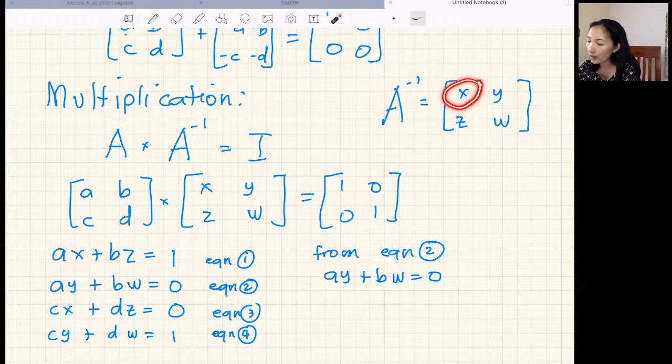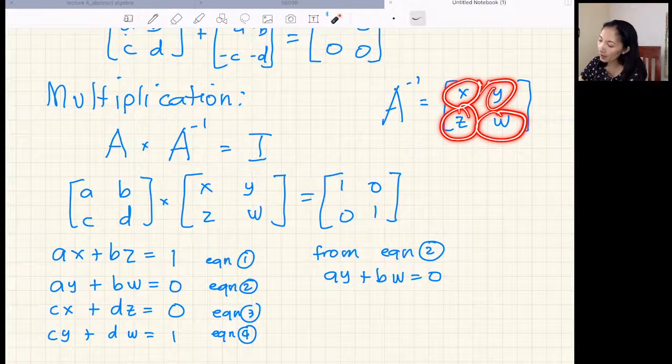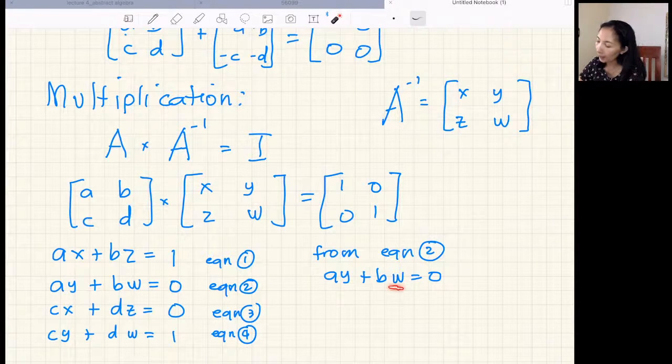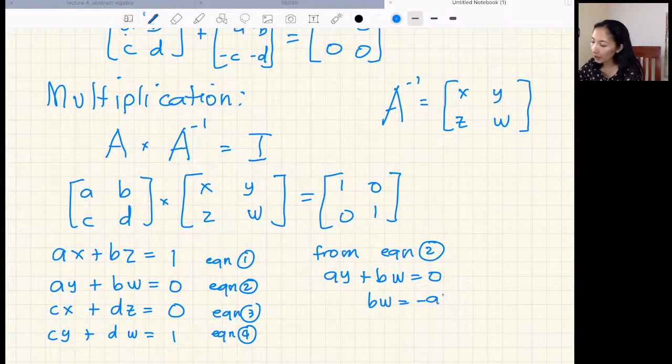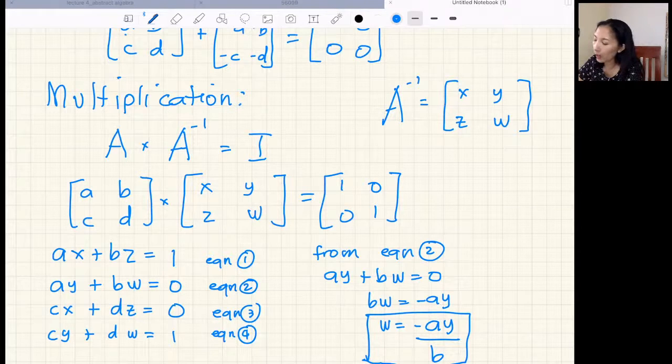Here, I could express W in terms of Y: BW is equal to negative AY, and so W will be equal to negative AY over B. Remember that I got this from equation number 2.